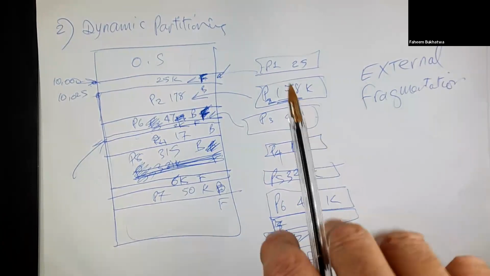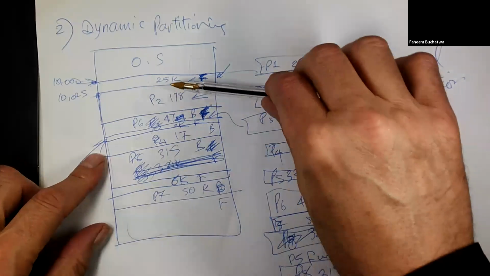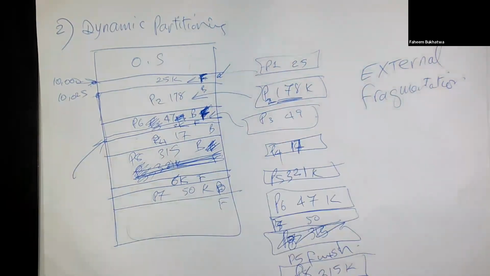But the problem now with this system is we start to have lots of small fragments that are useless. Sometimes a program comes in when almost all our memory is busy, but we have lots of external fragmentation. We get a program that says, I need 60K, and we have 200K of memory free, but it's not in one big block.